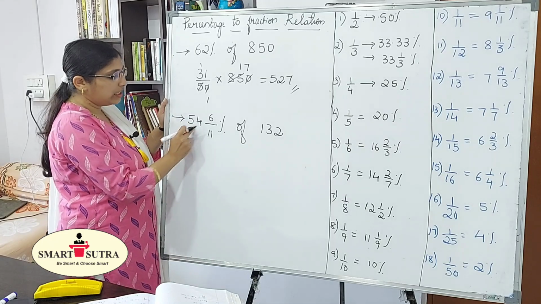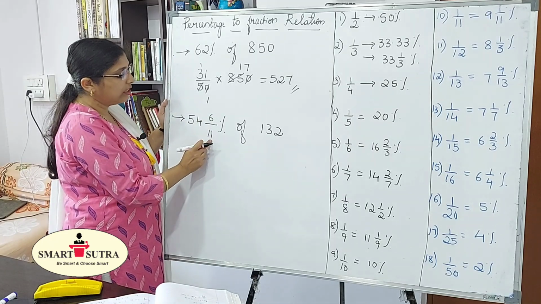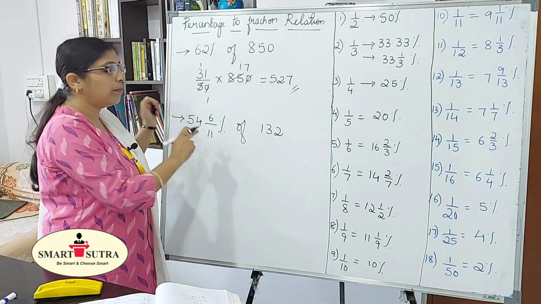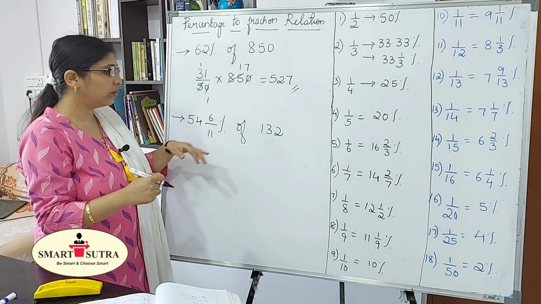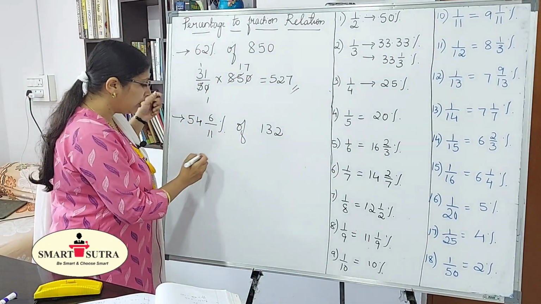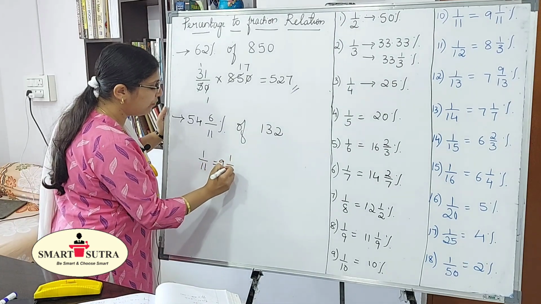Now, when such mixed fractions are there, always see the denominator. The denominator is 11 over here. So that means this will be a multiple of 1 by 11. Now 1 by 11 is nothing but 9 1 by 11 percent, we know.